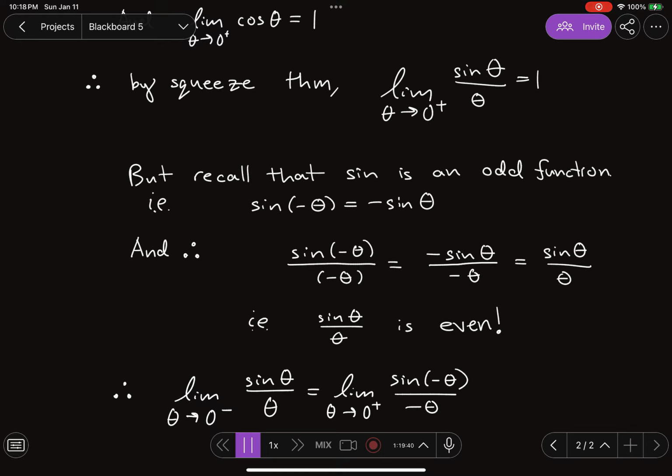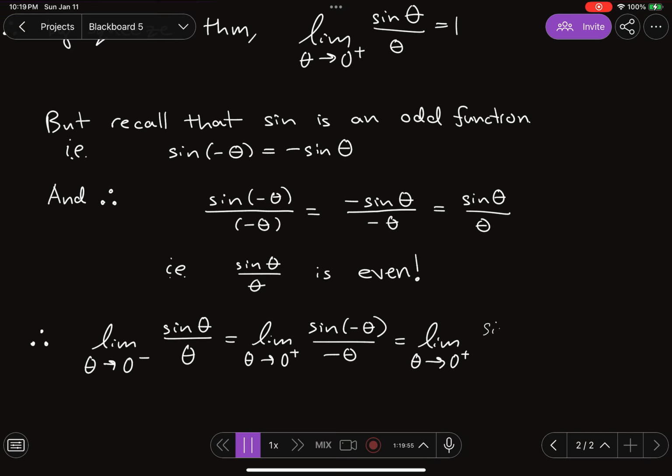But this thing in the limit is the same thing as sine of theta over theta, as theta approaches 0 from the right, which we just proved was equal to 1.